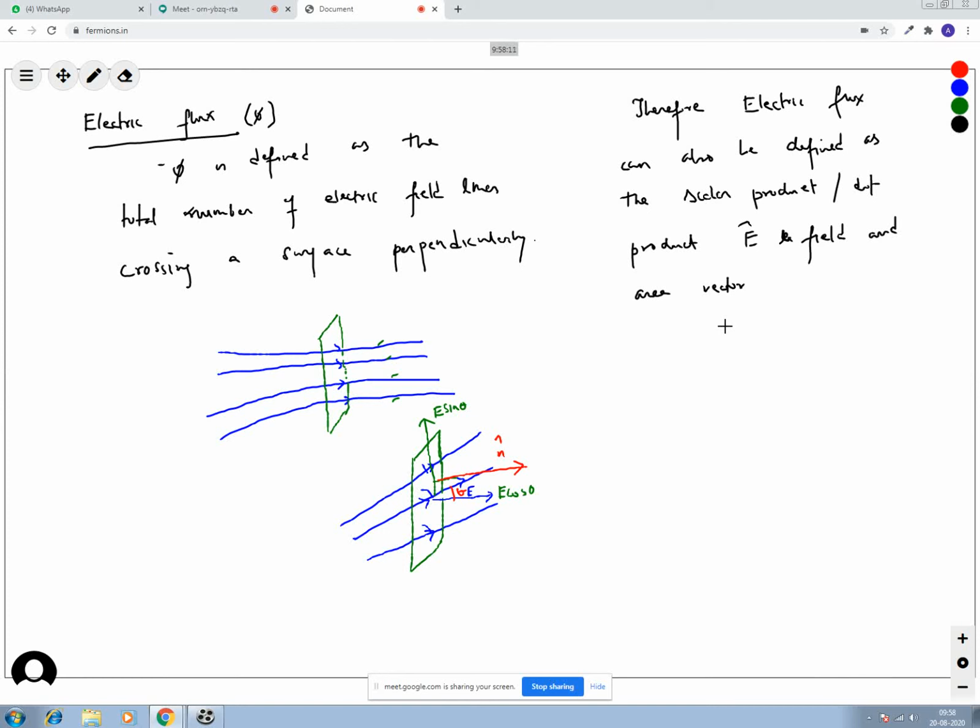But you need to understand that phi is actually the product of the normal component of E vector and area vector.